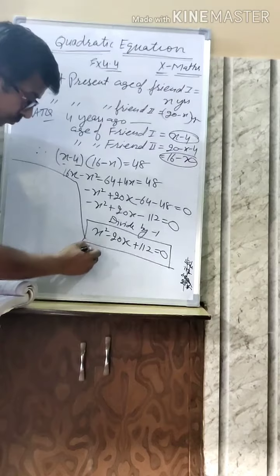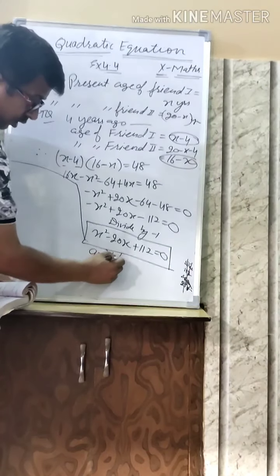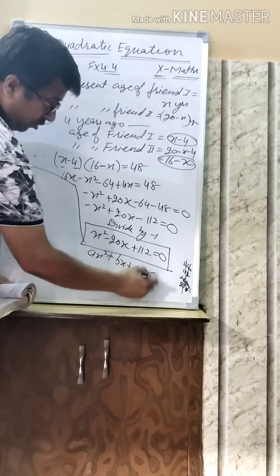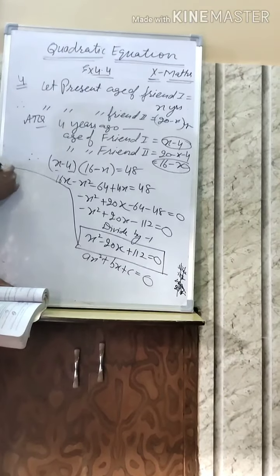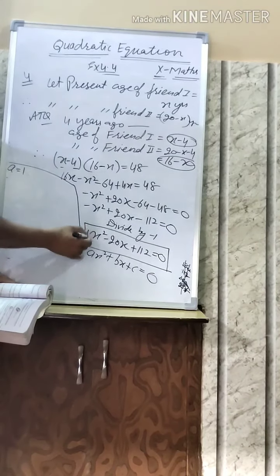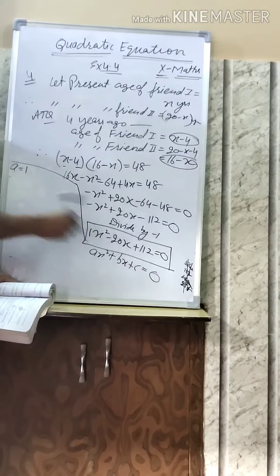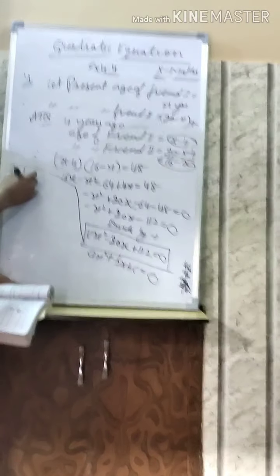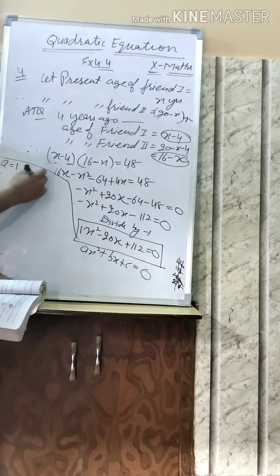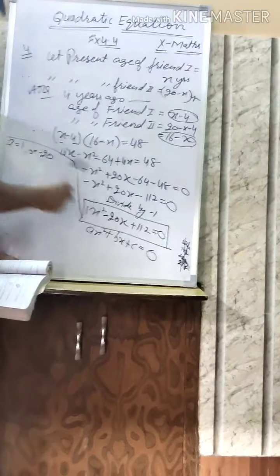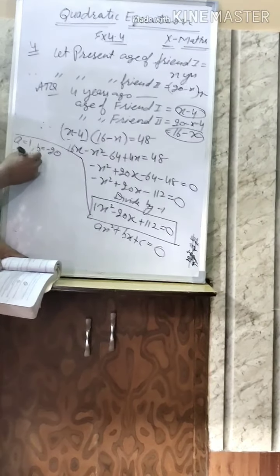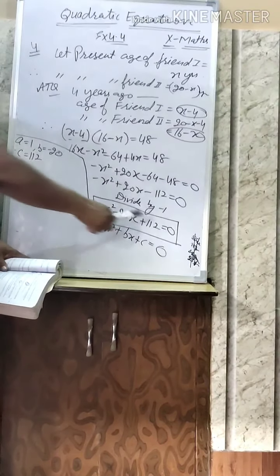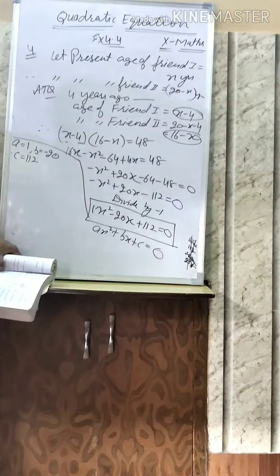So here compare with the standard form ax square plus bx plus c is equal to 0. So what is a? Coefficient of x square, 1. a is equal to 1. b is equal to minus 20, the coefficient of x. c is equal to 112, that is the constant term.